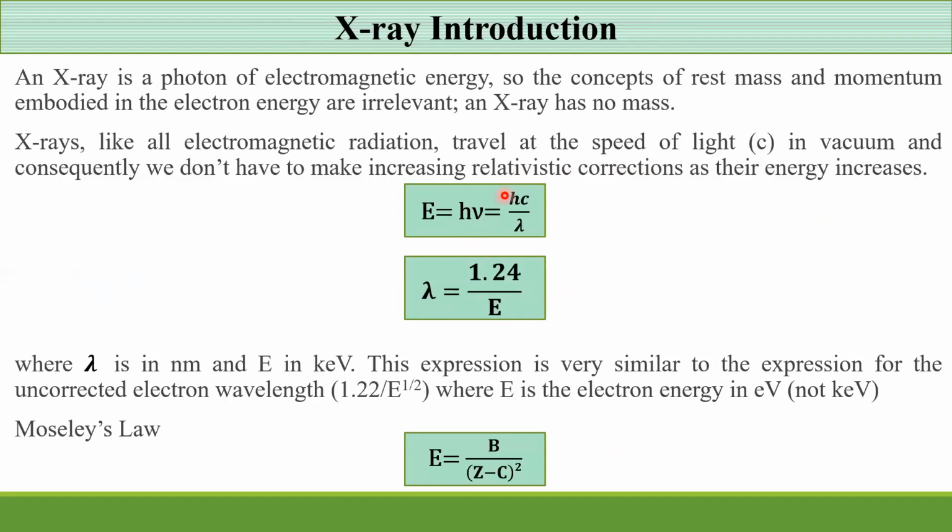However, we can also have some quantum calculation like E equals h nu, and hc by lambda. So the wavelength can be calculated with respect to the energy: 1.24 divided by E in keV. This is just a basic slide for X-ray.